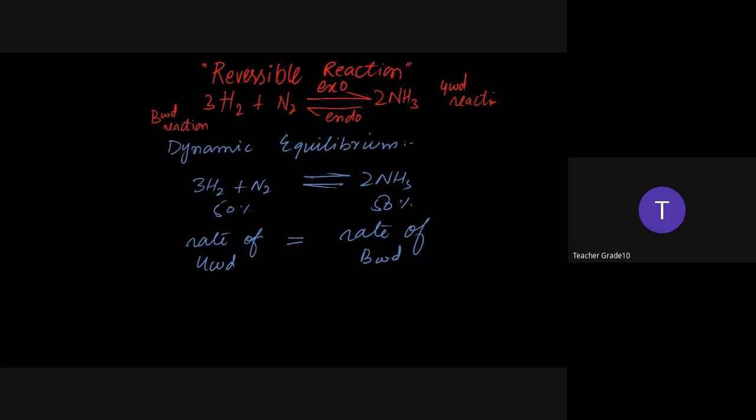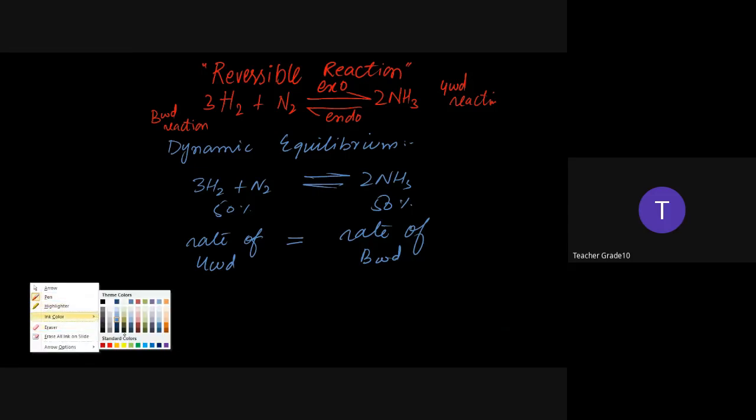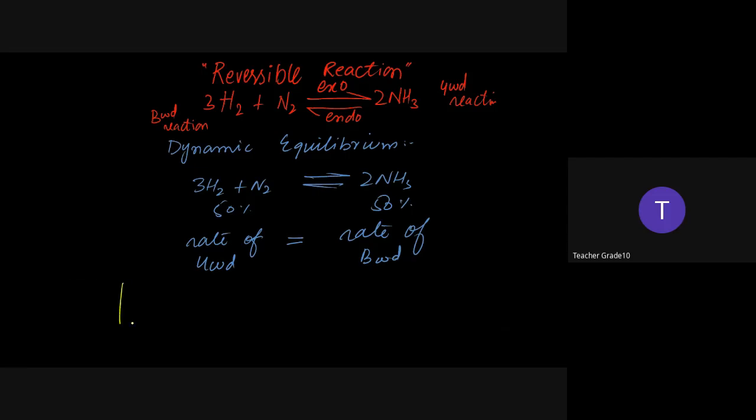I have told you that initially, for example, we have a beaker, and in this beaker we add nitrogen, and we add hydrogen as well, and we close this.